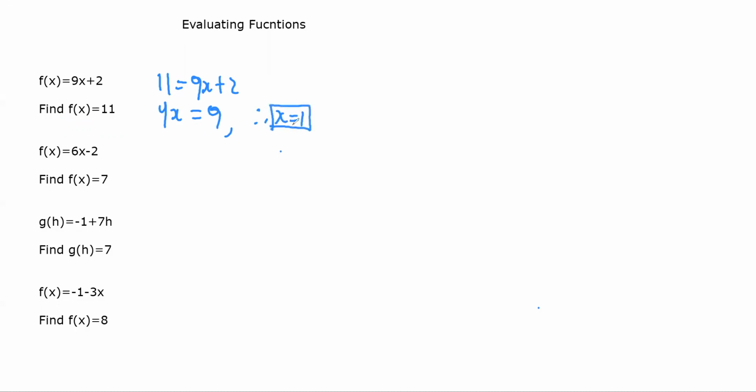So let's check if we have this right. In order to check this, we substitute 11 for f of x, since f of x equals 11 is given in the problem. So it'll be 11 equals 9 into 1 plus 2. Now, you might be wondering why I put 1 here.